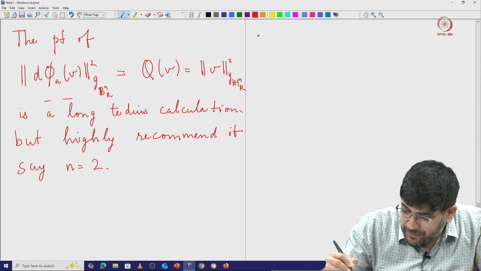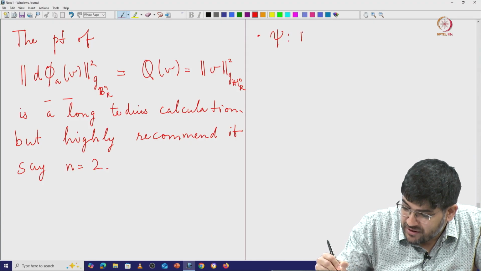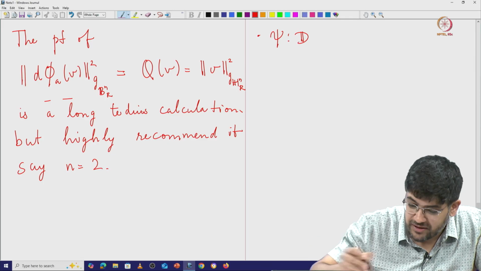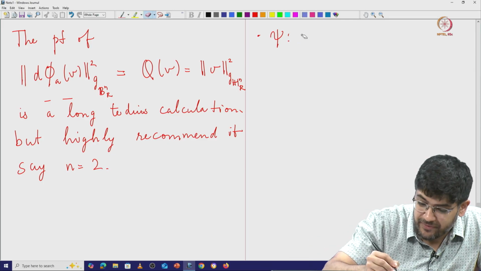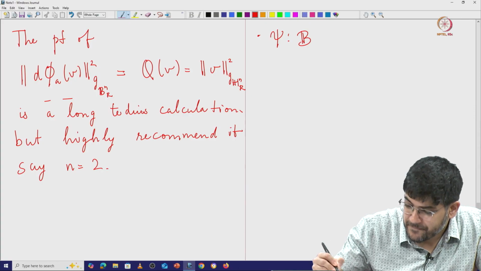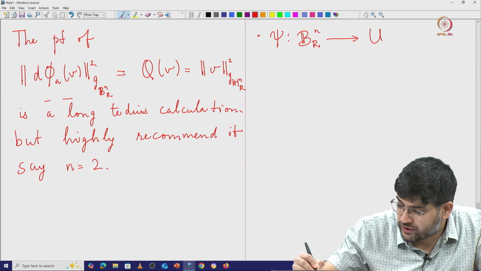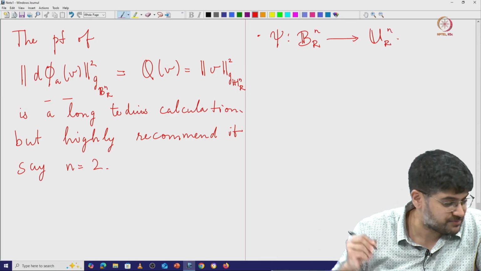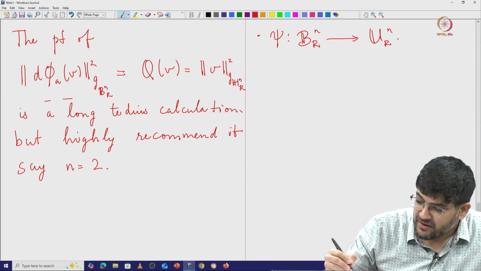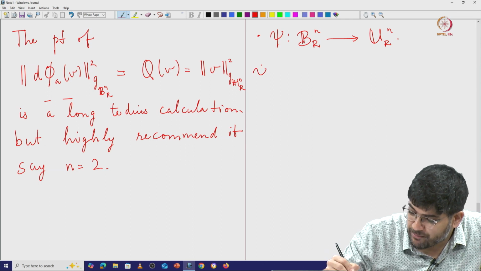Okay, so now let me describe a map which goes from the open unit ball into the upper half space. This is the following map explicitly.